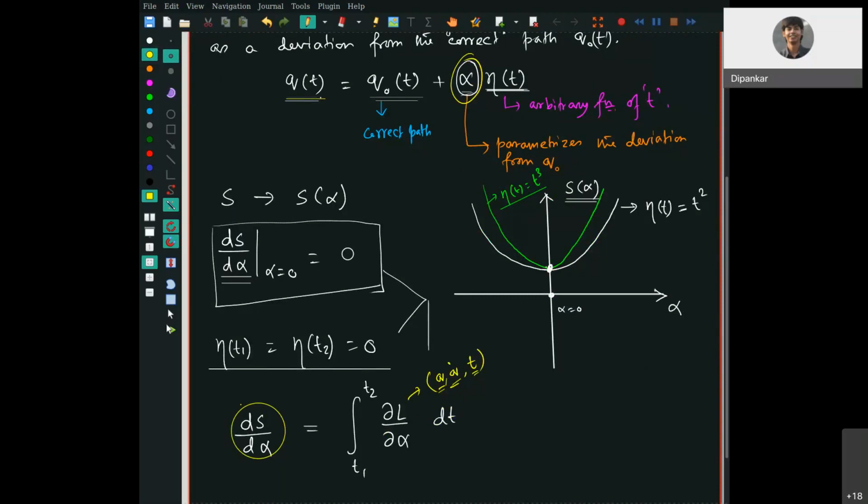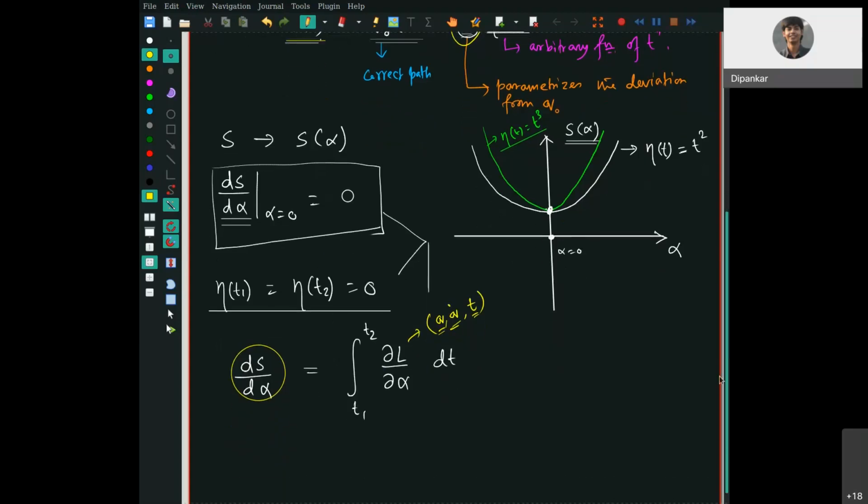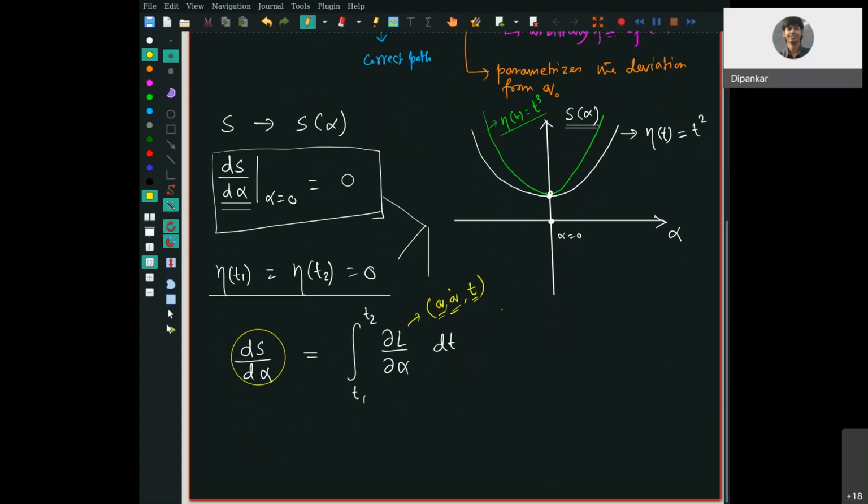So when I take this derivative operator inside the integration, I am doing it with the fact in mind that I will not differentiate with respect to t. I am only differentiating with respect to alpha, so I am only considering the alpha dependence here.